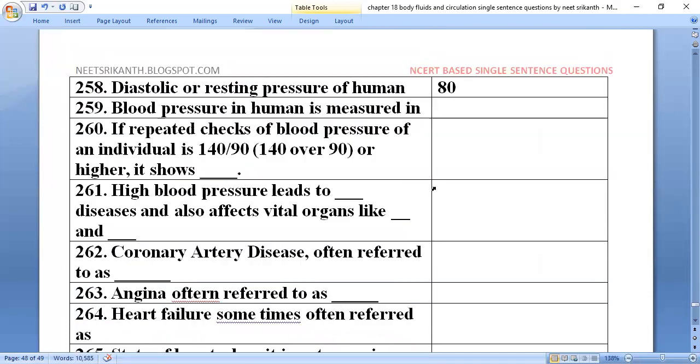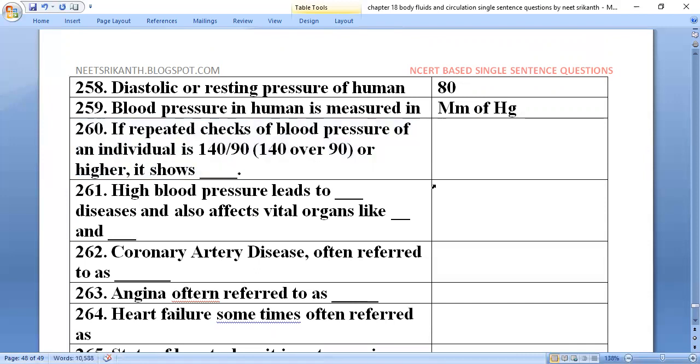Blood pressure in human is measured with a sphygmomanometer in the form of millimeters of mercury pressure, mm Hg.